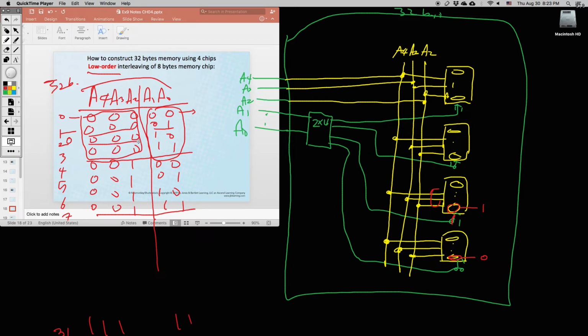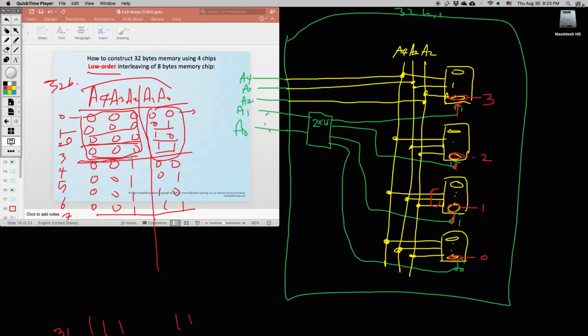Then the next one is 1, 0, so this chip is selected, but A2, A3, A4 are all 0, so that's address 2. The last one is 1, 1, so this chip is enabled, with all zeros at the three address lines, so address 3 comes from this one.